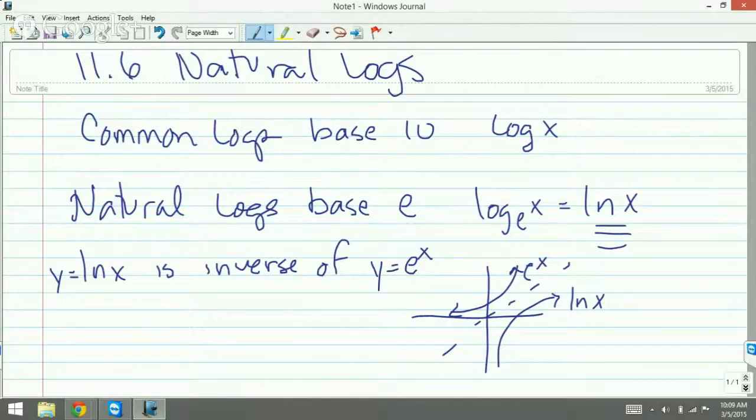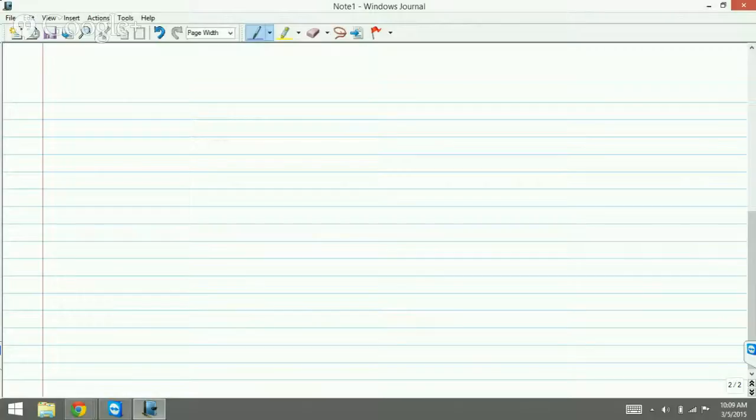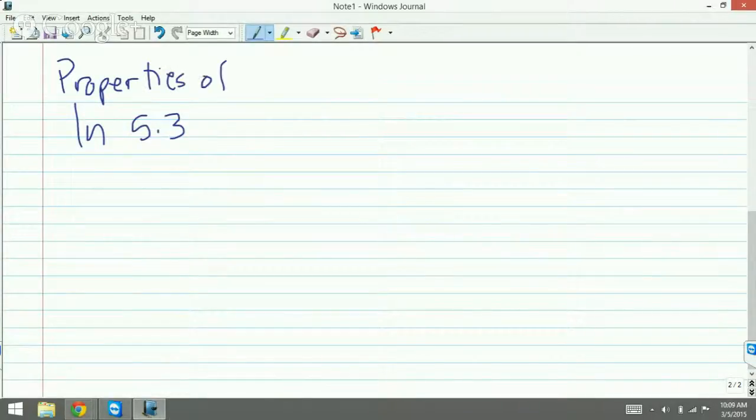So natural logs. Now, everything you know about logarithms still applies. It's just the new base. We just use it a lot. Just to review, what can that become?